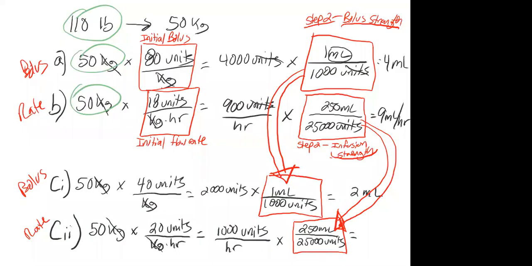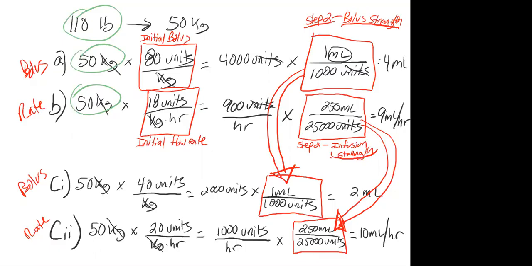Write that down. Okay. So A is the bolus. B is the rate. C is the bolus and the rate. Gotcha.